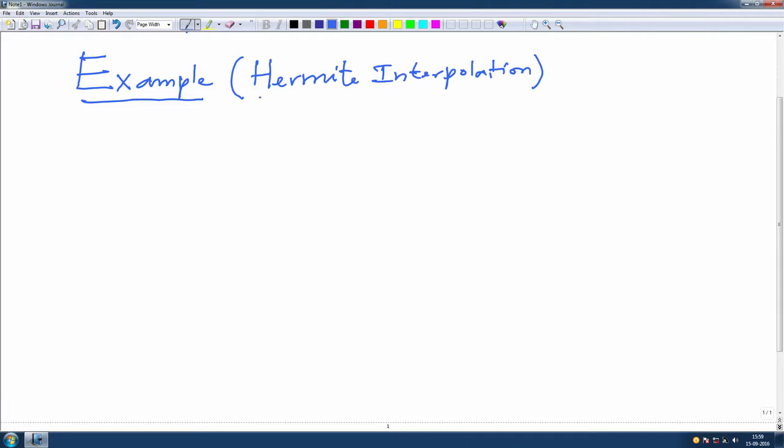Interpolation problems are usually about finding polynomials with some conditions, and also involve the construction of such polynomials. One of such problems was Lagrange interpolation and Newton interpolation.